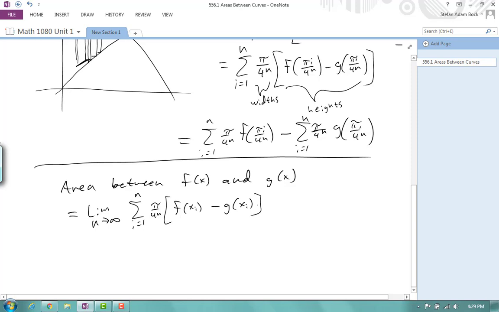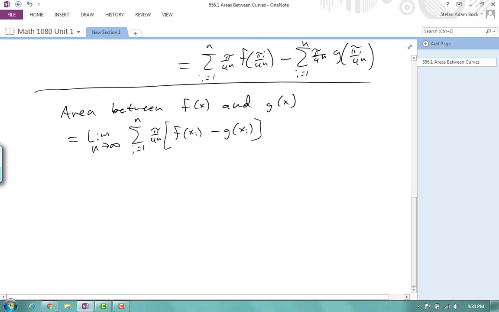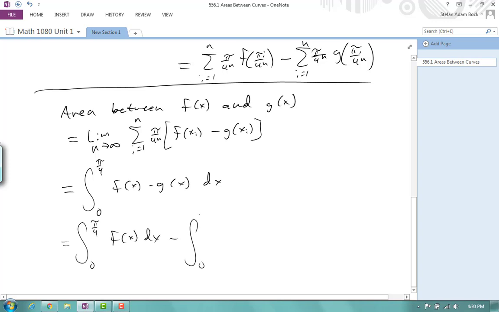So in terms of the bottom line that we get, this is actually going to be an integral, because this is a Riemann sum, and Riemann sums are the same as integrals. So this is equal to the integral from 0 to pi over 4 of f of x minus g of x, or like I said before, this is equal to the integral from 0 to pi over 4 of f of x dx minus the integral from 0 to pi over 4 of g of x dx.